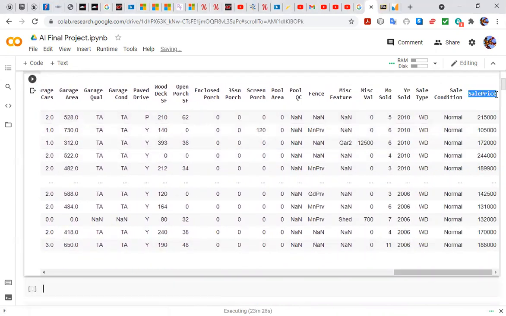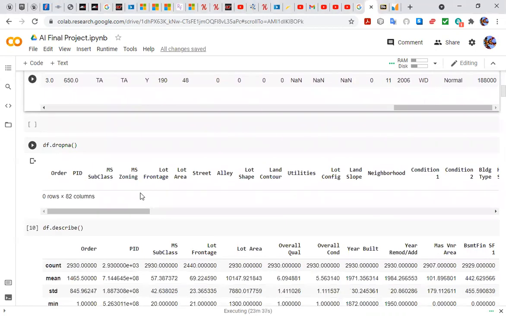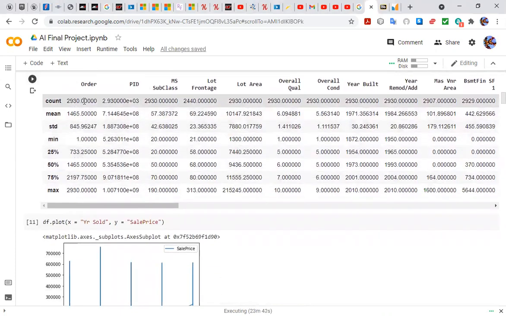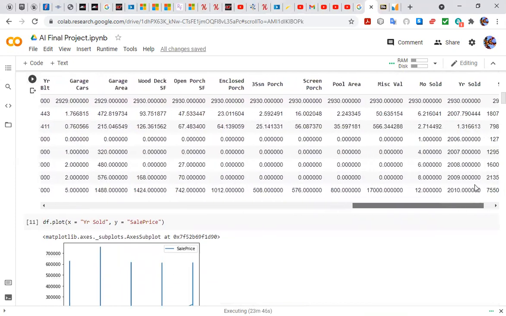The sale price was the last column over here. We're going to be analyzing the lot area and the sale price to see if there's a correlation between the size and the price. As we scroll down here, we check for any missing values, and if there are any, we drop them.